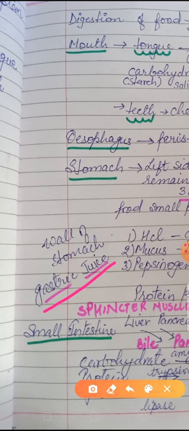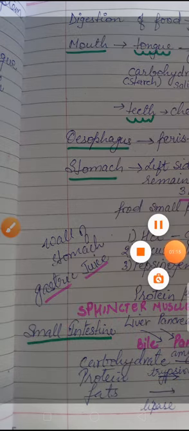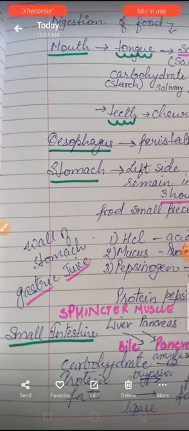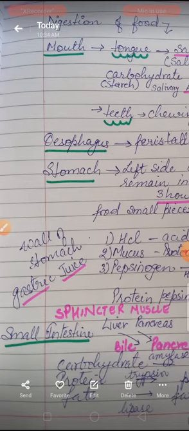It will secrete gastric juices. These gastric juices help in further digestion. That means the gastric juices will be secreted by the wall of the stomach, and these gastric juices will help in digestion of food.